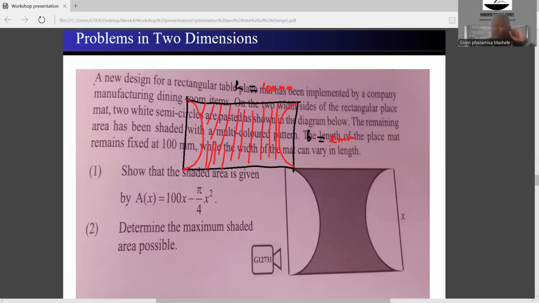And guys, it's very important for you to understand what actually has happened here.